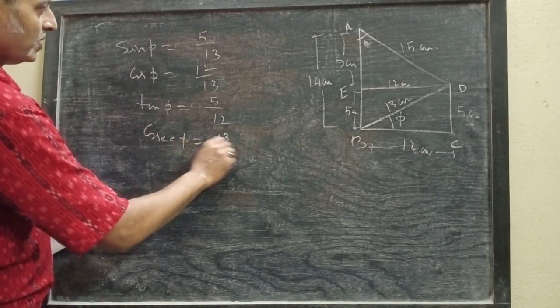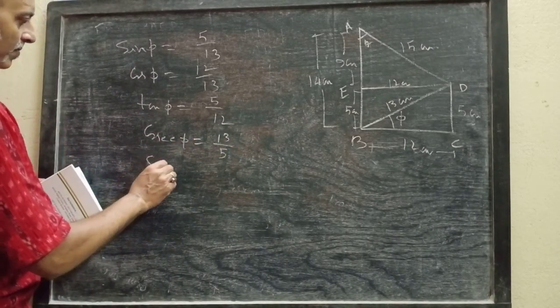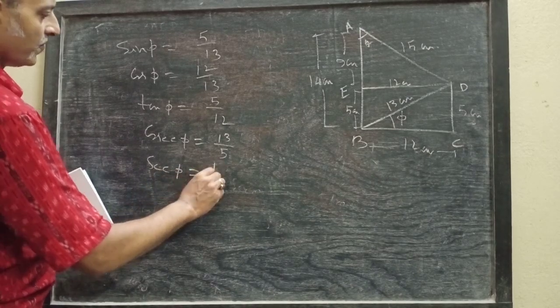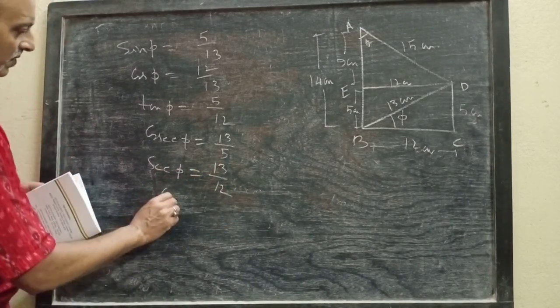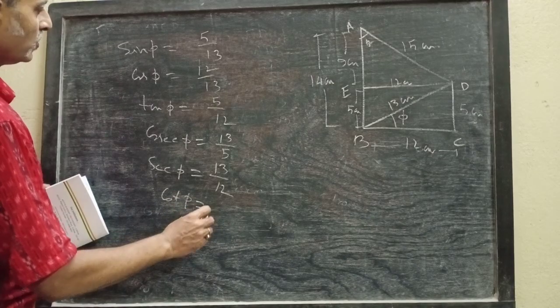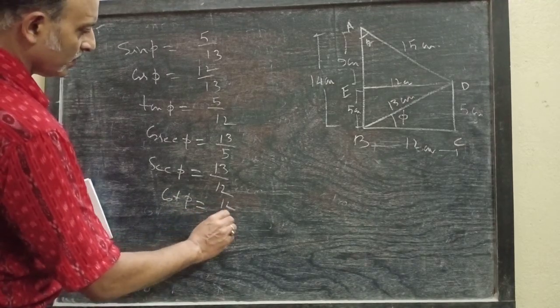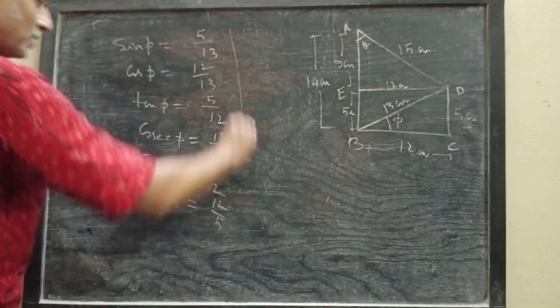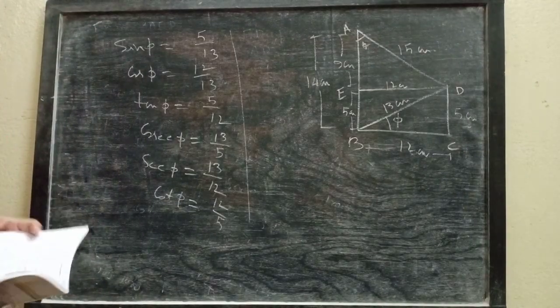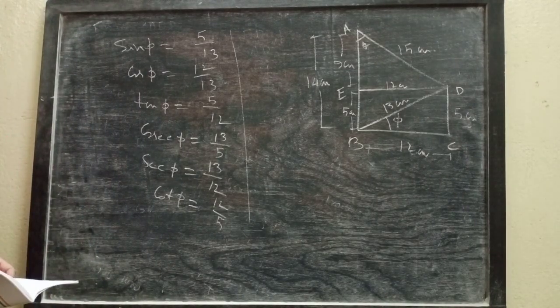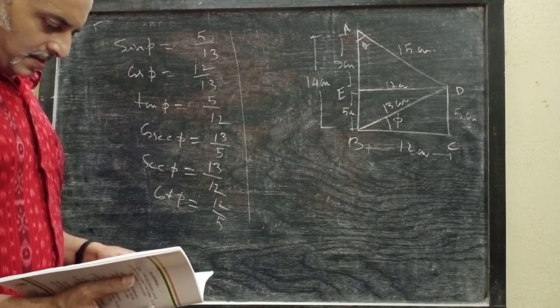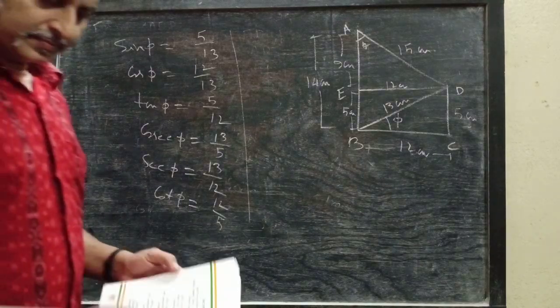Cosec phi will be 13 by 5. Sec phi will be 13 by 12 and cot phi will be 12 by 5. Okay. Next question.